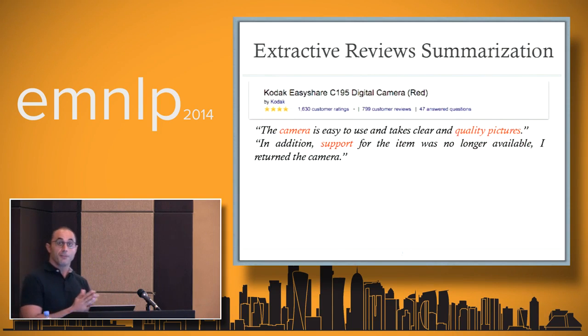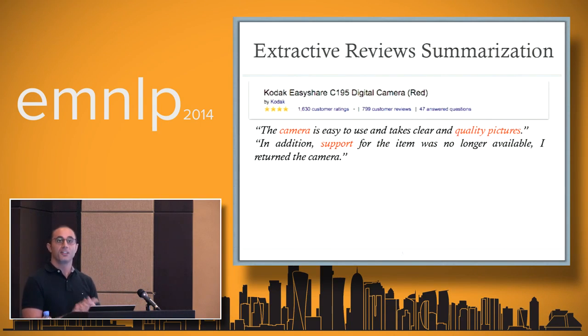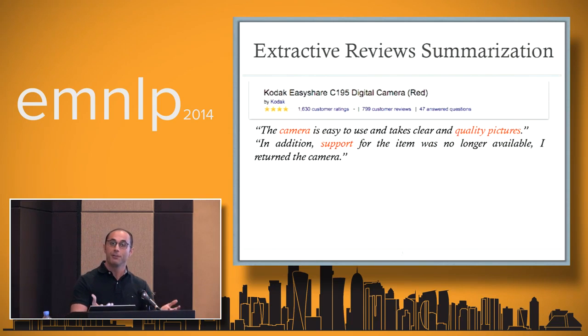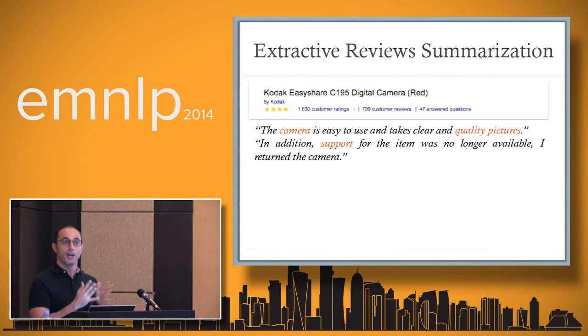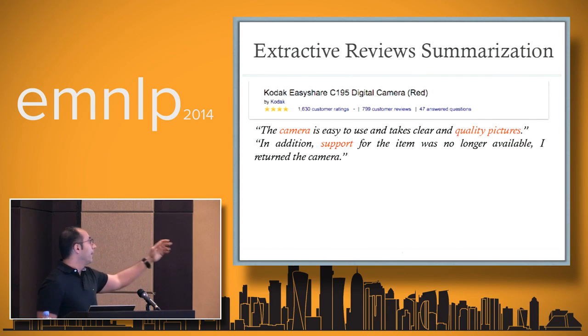The starting point of review summarization was extractive. In extractive review summarization, the systems try to extract sentences that are important or significant in the original reviews and then present them to the users as an extractive summary. For example, for this Kodak camera, Amazon produced this review: "The camera is easy to use and takes clear and quality pictures.